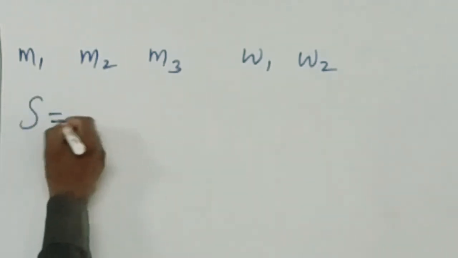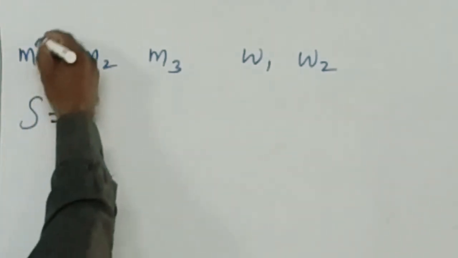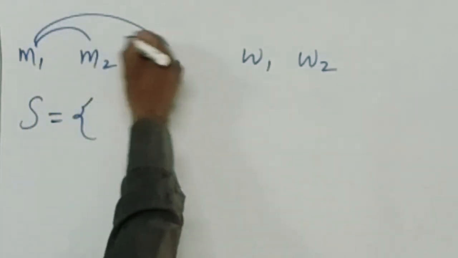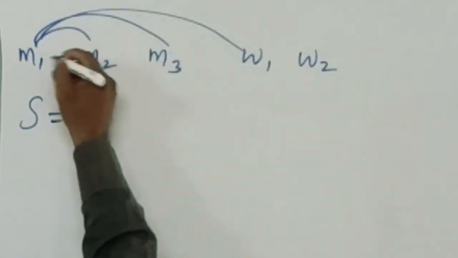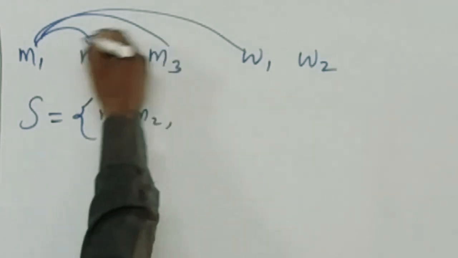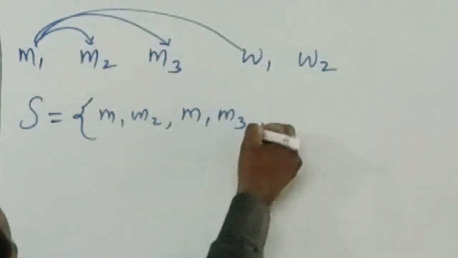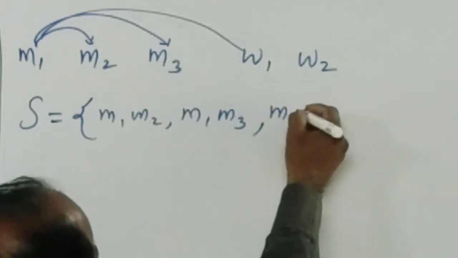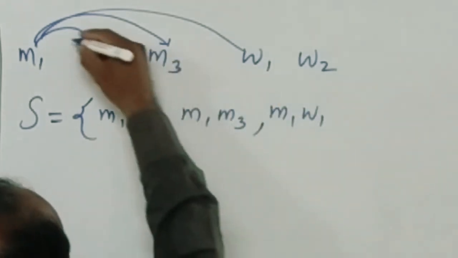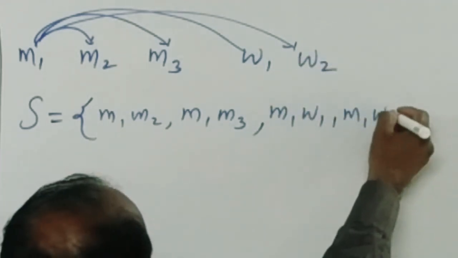So sample space S is equal to: M1 will go with all. M1, M2 first committee, then M1, M3, then M1, W1 and M1, W2.